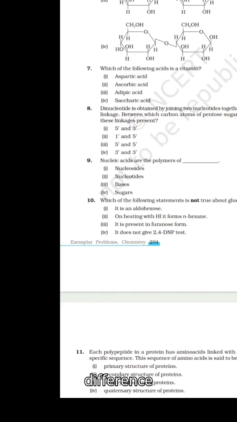The fundamental difference between these 2 nucleotides is that in DNA, that is deoxyribonucleic acid, the sugar is deoxyribose. In RNA, the sugar will be ribose itself. So this is the fundamental difference.